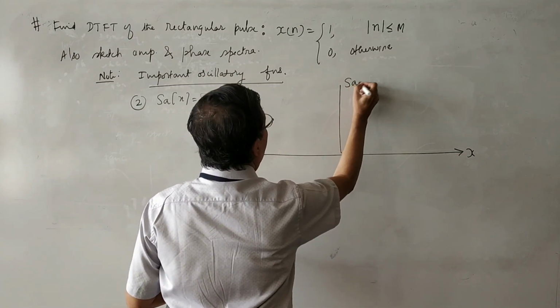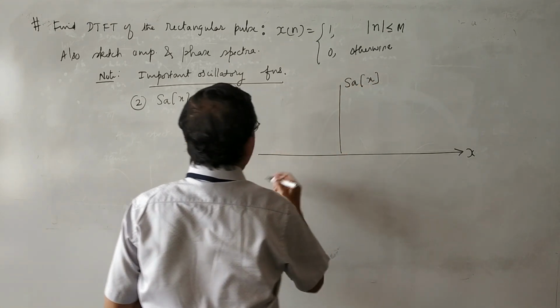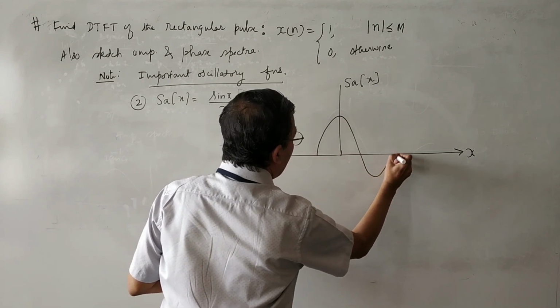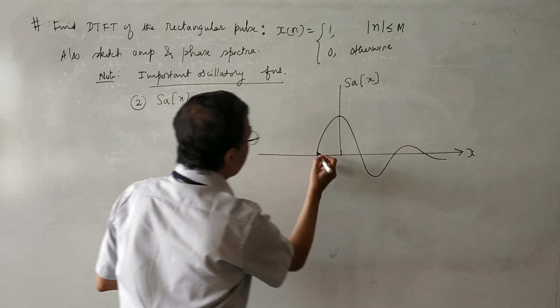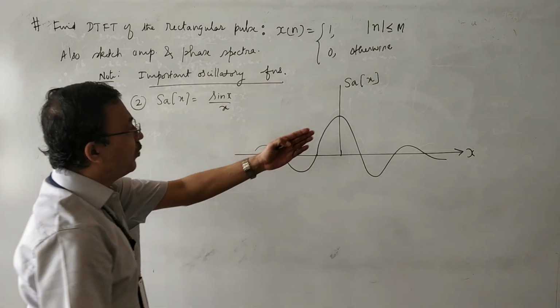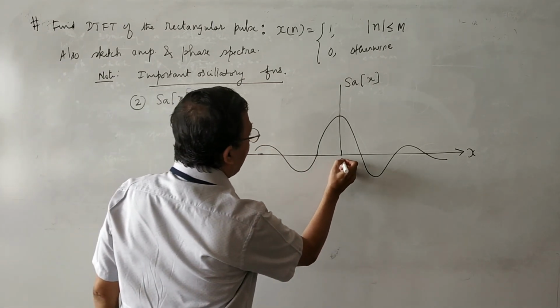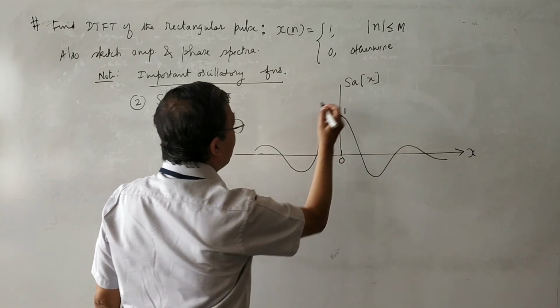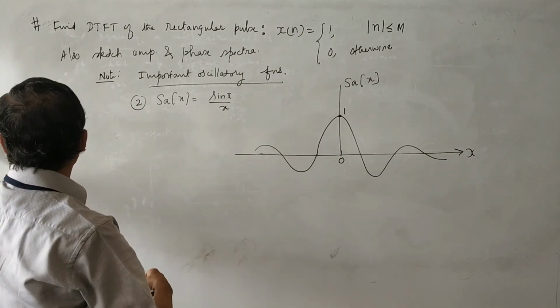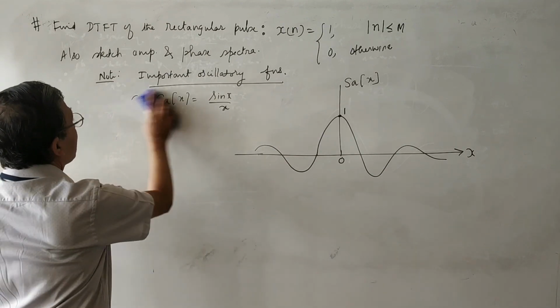Y-axis is saw of x. Again we have got an oscillating sine function. The oscillations keep decreasing and finally they become 0 at x equal to plus infinity and minus infinity. And when x equal to 0, the value is 1. This is called saw function. Saw of x equal to sin x by x.